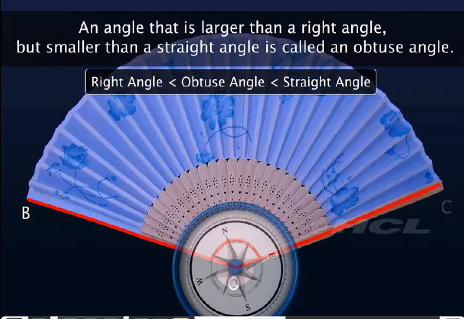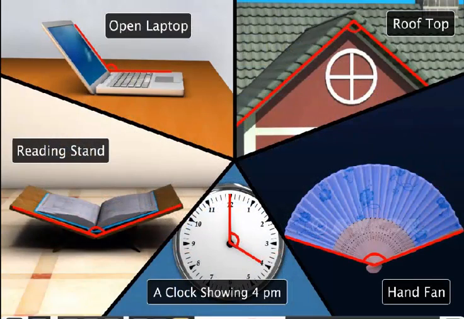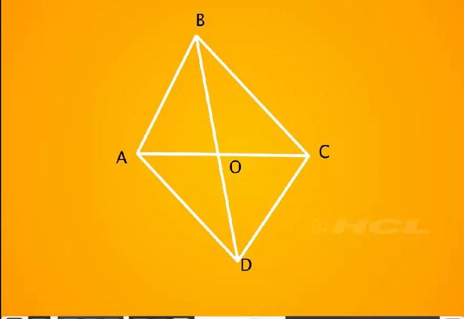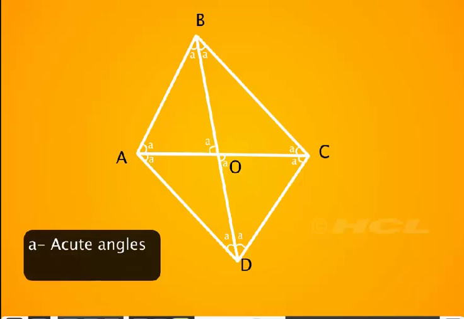Such an angle is called an obtuse angle. Here are some more examples of obtuse angles. Can you identify all the obtuse and acute angles in this figure? There, the angles marked A are acute and angles marked B are obtuse.